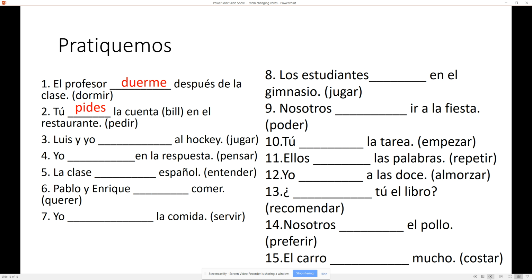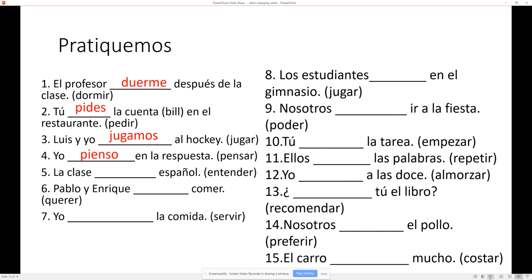Luis y yo, that's going to be nosotros. So we are going to use Luis y yo jugamos al hockey. I think of the response, the answer. Yo pienso en la respuesta. Entender is to understand, another great verb.